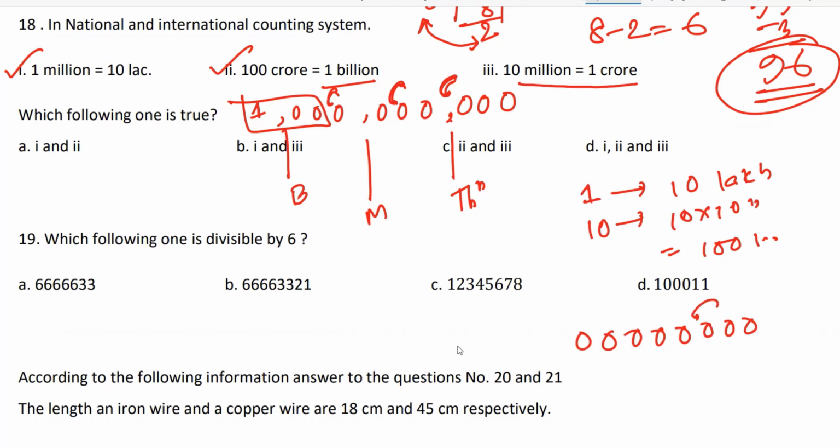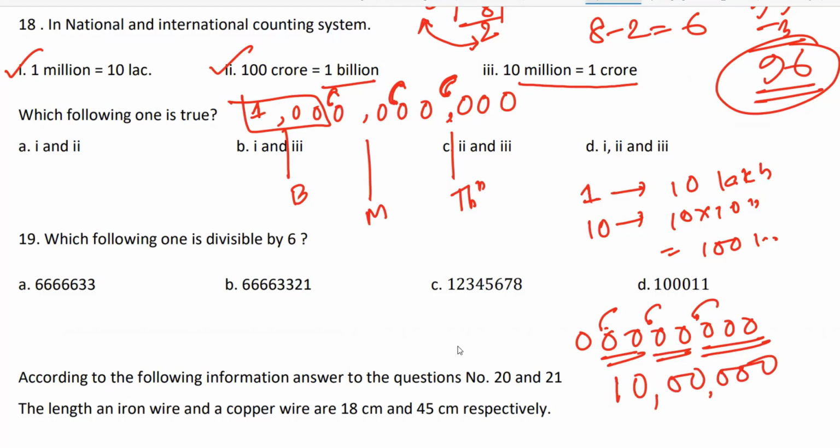First comma for 3 digits, second comma for 2 digits, then 2 digits. So this is the first step, here 10 lakh. 10 lakh means 10,00,000. Now review this one. This information is not correct.